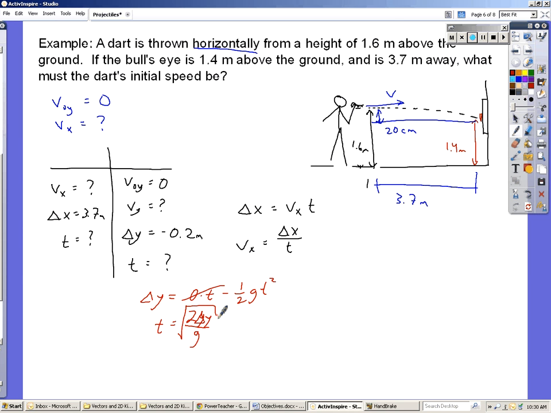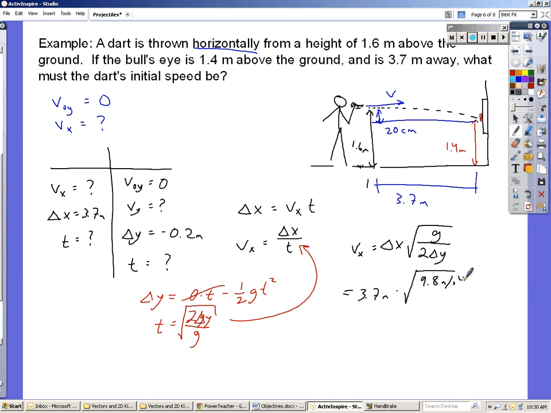And then plug that into this equation, which gives us vx equals delta x times the square root of g over 2 delta y. Plug in numbers, 3.7 meters times the square root of 9.8 meters per second squared. Oh, there should be a negative sign here.